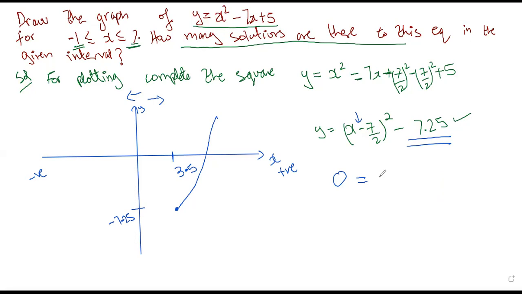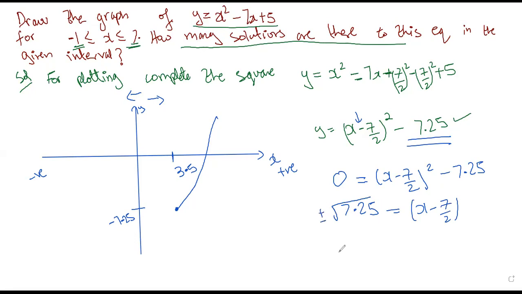So we have x minus 7 by 2 whole square minus 7.25. The 7.25 would come to this side. We have x minus 7 by 2 square, this would become the under root, and it would be with plus minus. So x is plus minus under root 7.25 plus 3.5.